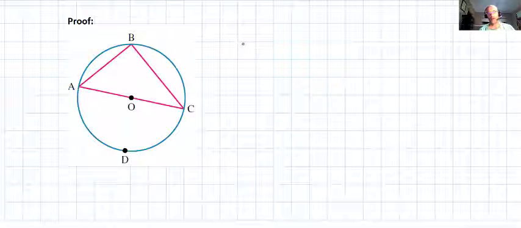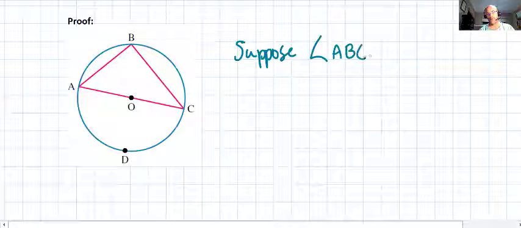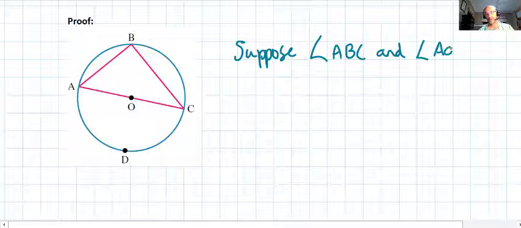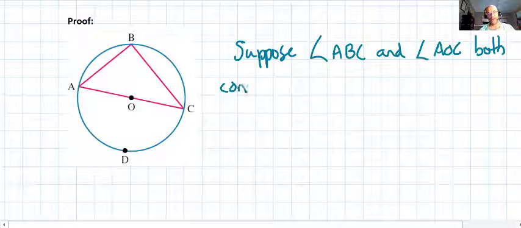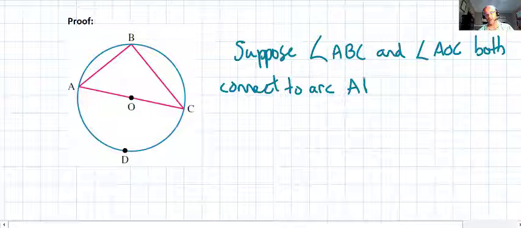Okay, so a bit like what we did a little bit ago, suppose angle, in this case ABC and AOC, both connect to an arc. Alright, we're going to use arc ADC.